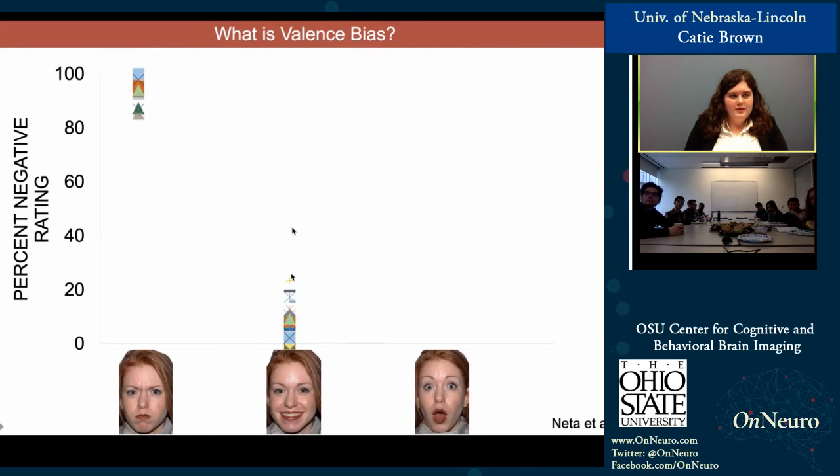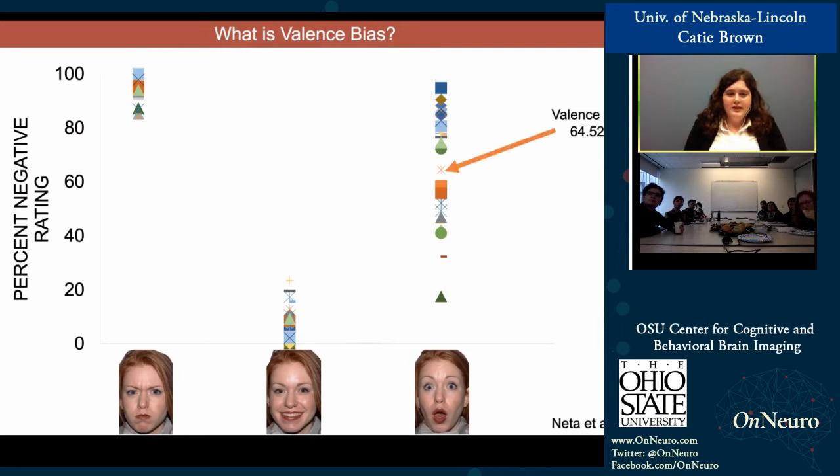For happiness, almost everybody says that happiness is less than 20% negative, so pretty positive. However, with surprise, you see a lot of variation. Some people are way up here saying that surprise is always negative. Some people are down here saying it's seldom negative when they look at many surprise faces.